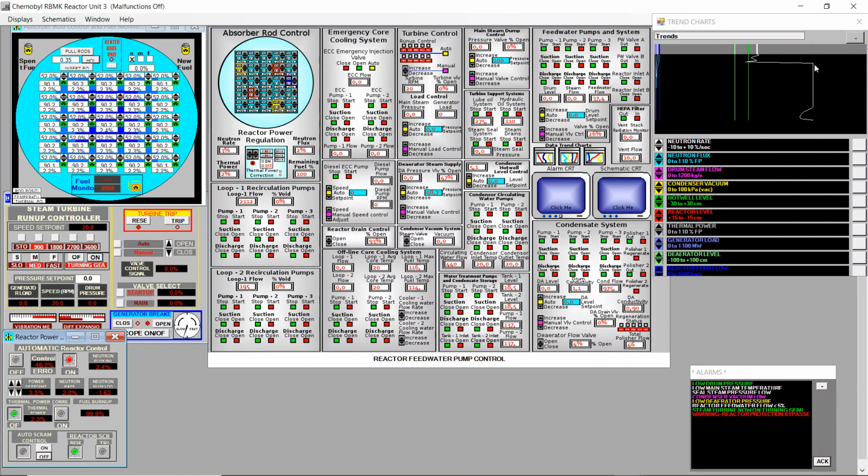You see the drop here in neutron rate, and now I can increase to 5%. Very good, and now I can engage the auto scram control without creating a scram. We see the alarm disappearing, the warning of bypass, and everything looks fine, so I will increase the power set point to 10%.